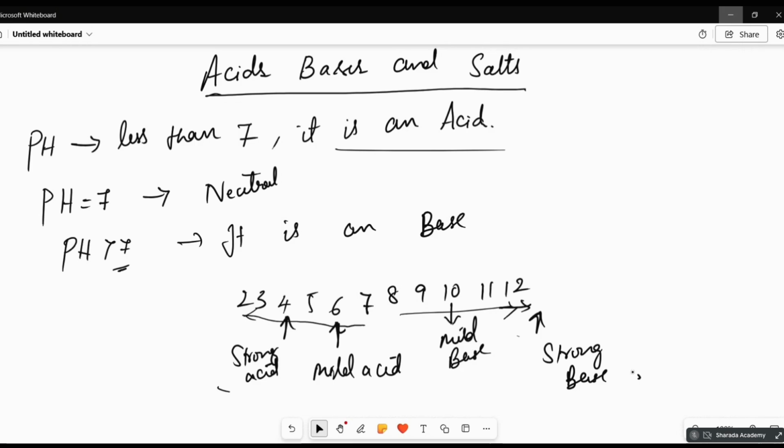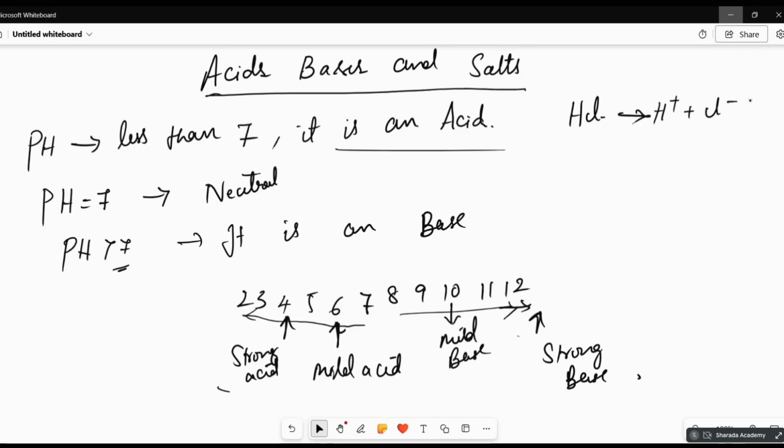Whenever any compound is mixed in water, if it produces hydrogen ions, then it is an acid. For example, hydrochloric acid, when you dissolve it in water, becomes H plus and Cl minus ions.